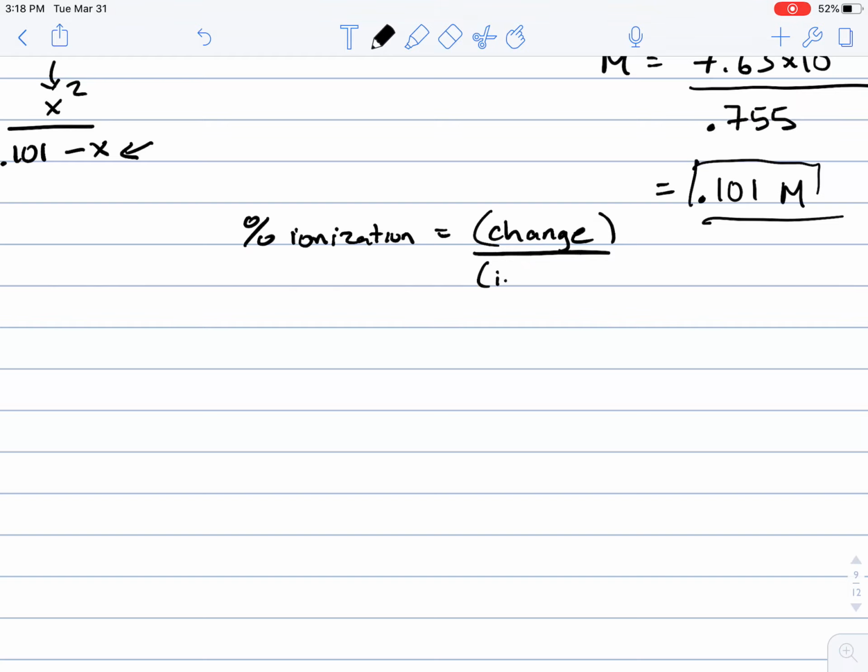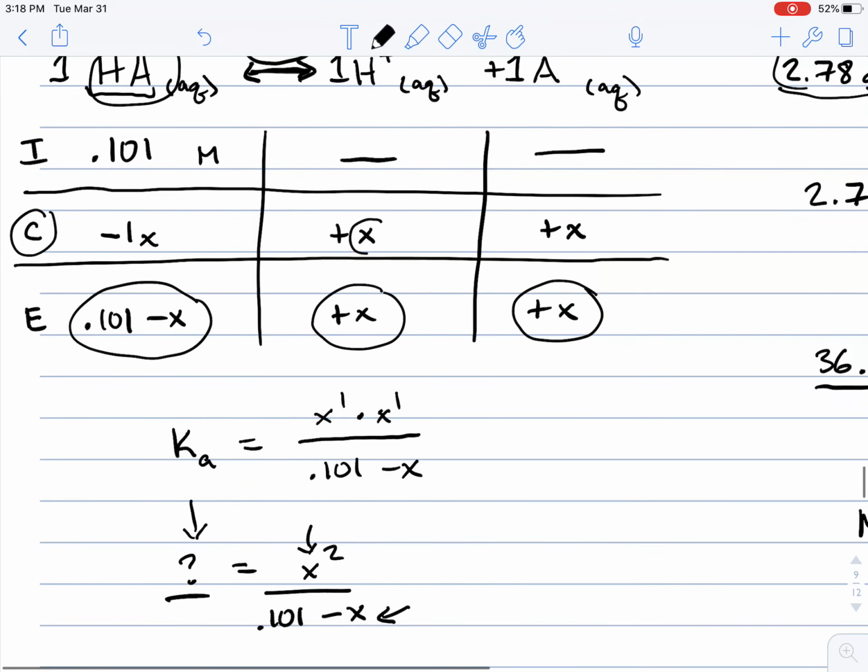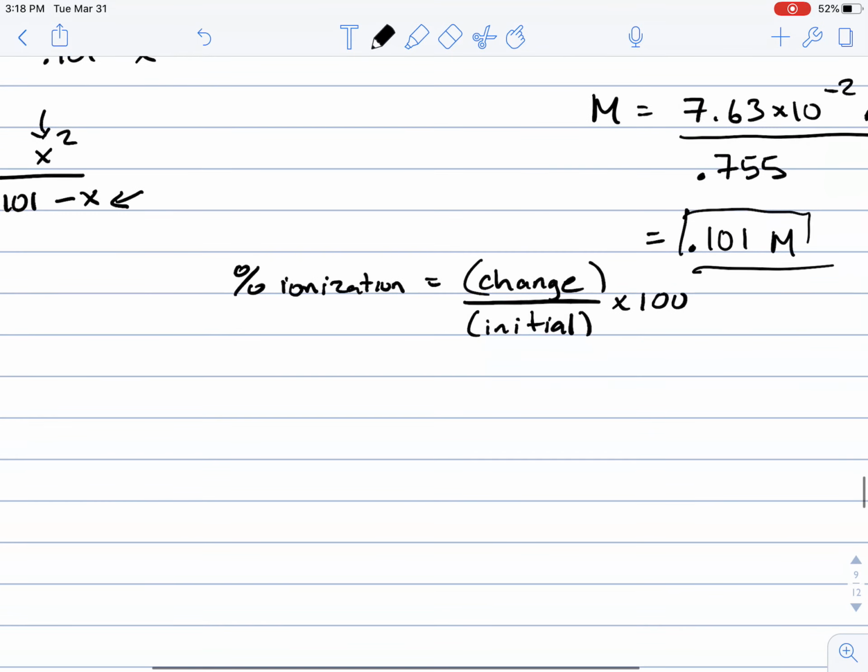Divide this by the initial concentration, times this by 100. If you look at our ICE table, our change is representative of x, so we can plug in x for change.